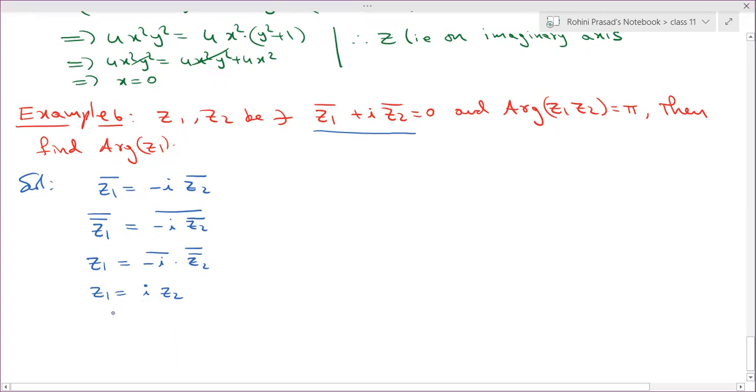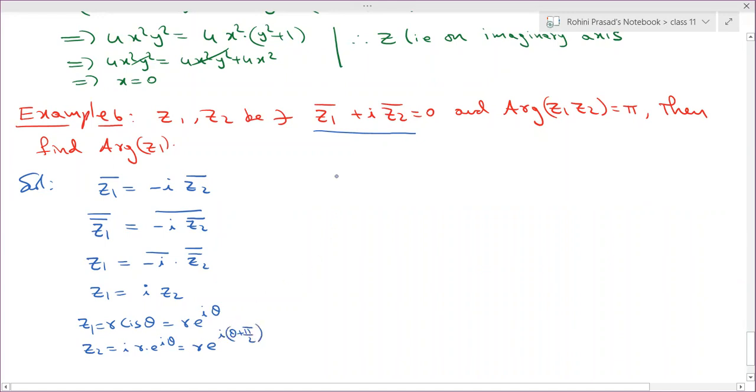So when you get Z1 equal to iZ2, suppose Z1 equal to R cis theta, which is actually R e power i theta. So the Z2 equal to i into R e power i theta. Basically, i is e power i pi by 2. So this is R e power i theta plus pi by 2.